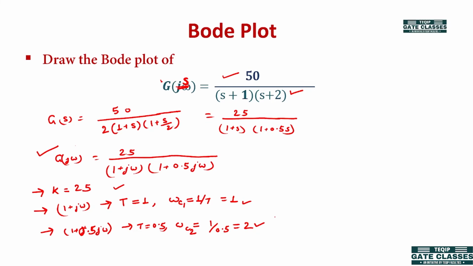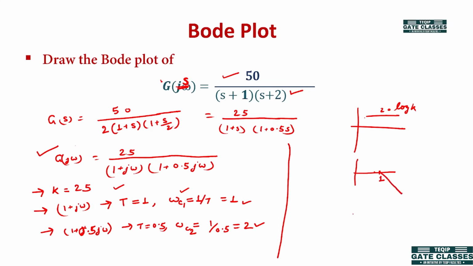So first, if we remember the process, for K we have a magnitude curve of constant 20 log K. For omega c1 we have a magnitude plot where the slope is 0 dB till 1 by T, that is 1, and after that the slope is minus 20 dB per decade.